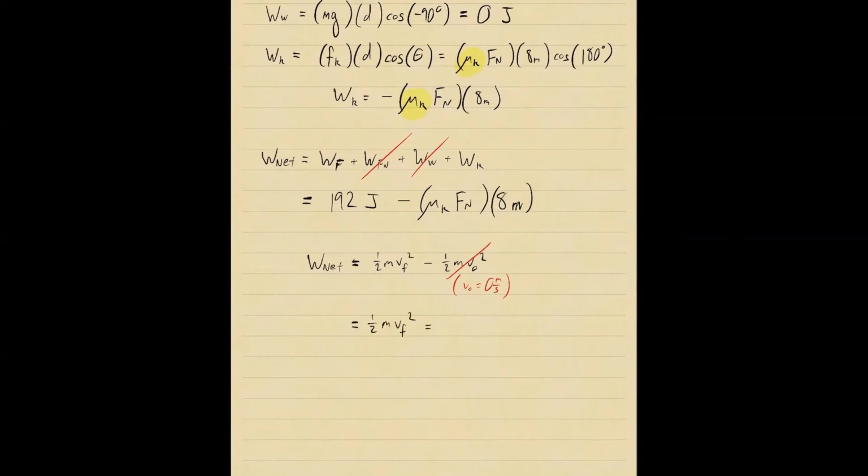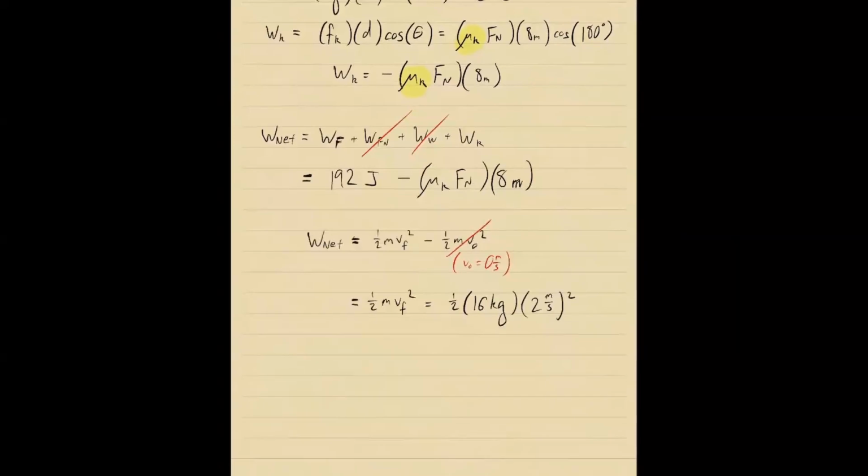Right, but this is going to be equal to 1/2 times the mass of the sled, which is 16 kilograms, times the final velocity of this sled squared, which is 2 meters per second squared. So the change in kinetic energy of this sled is just 1/2 times 16, which is 8, times 2 squared, which is 4. So 4 times 8 is 32. It's going to be 32 joules.